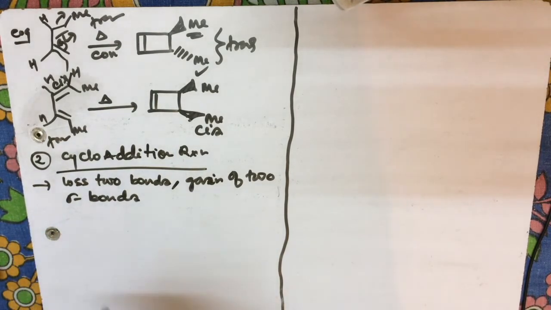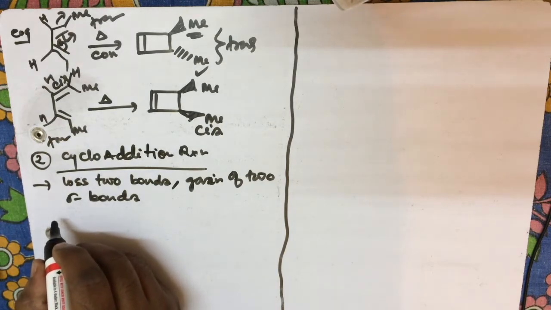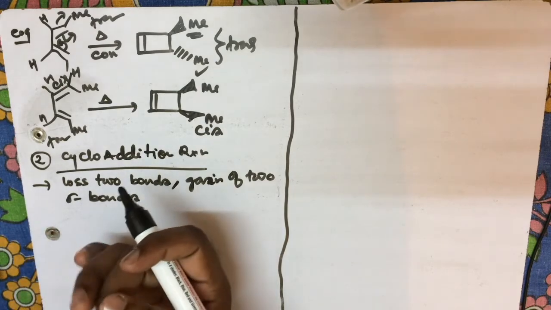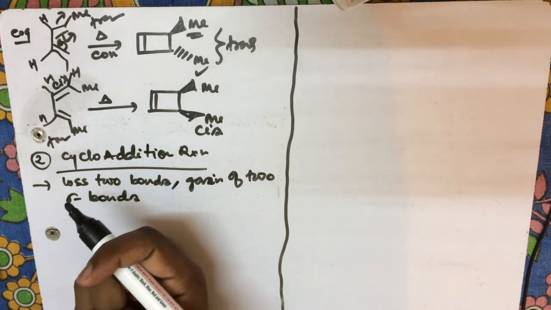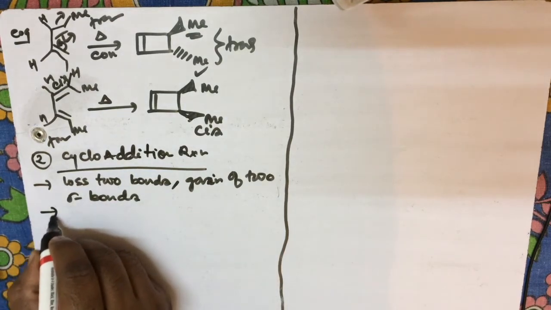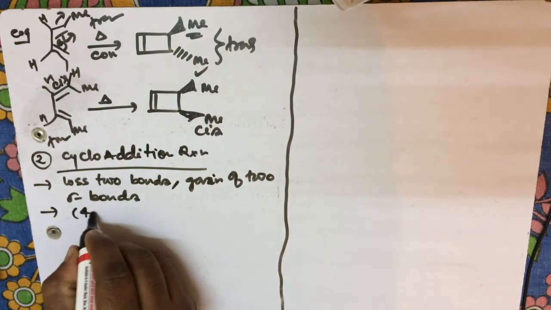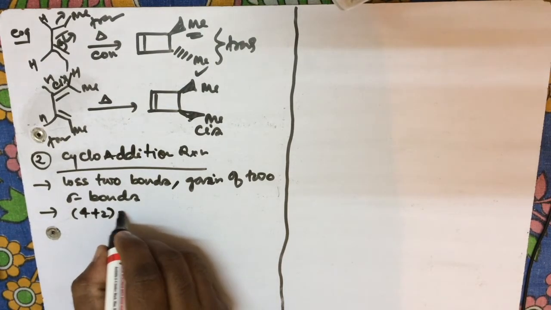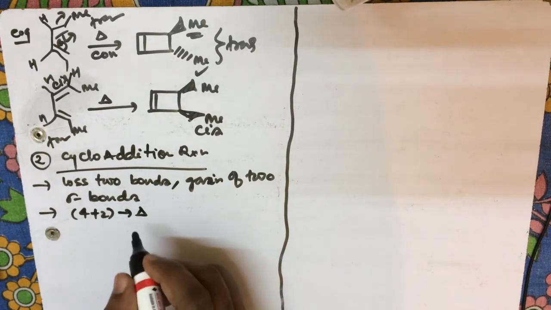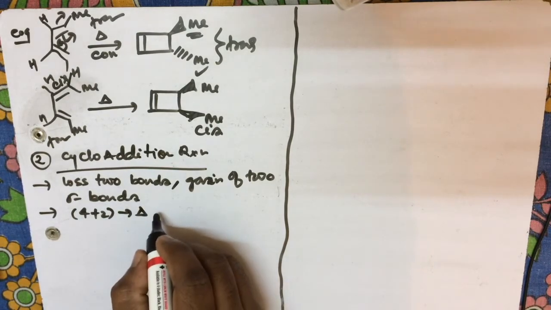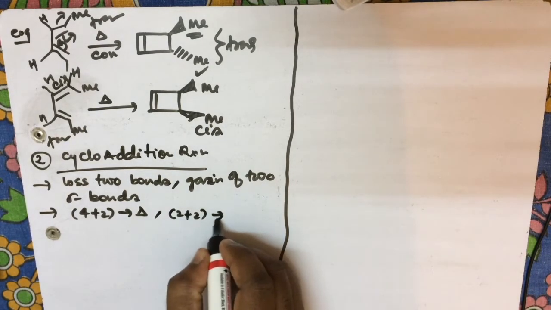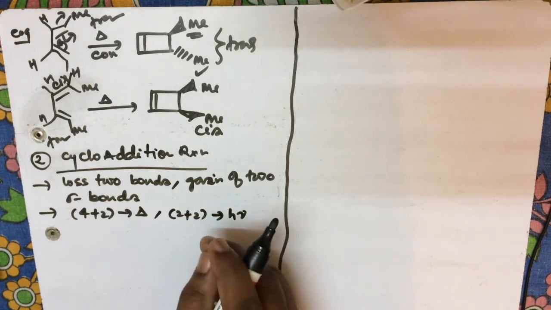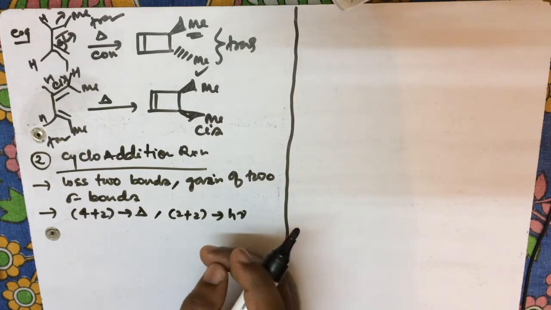So if you see examples, this reaction will go under heat, meaning for 4 pi plus 2 systems, they go under heat, thermal condition, okay, but 2 plus 2 systems go under hv condition, photochemical condition, okay.